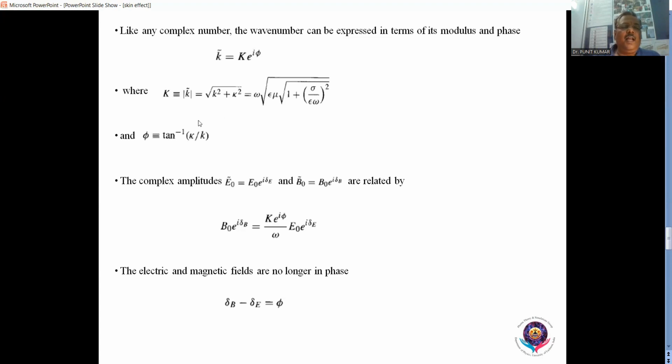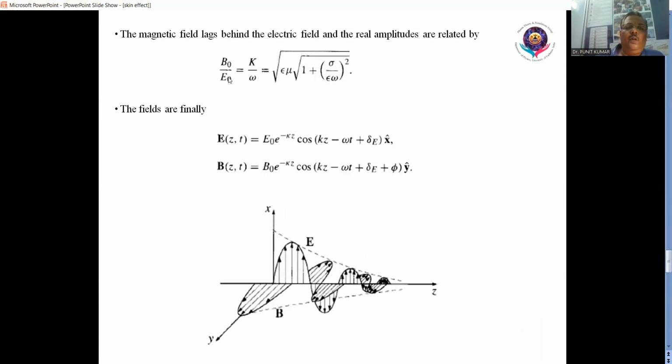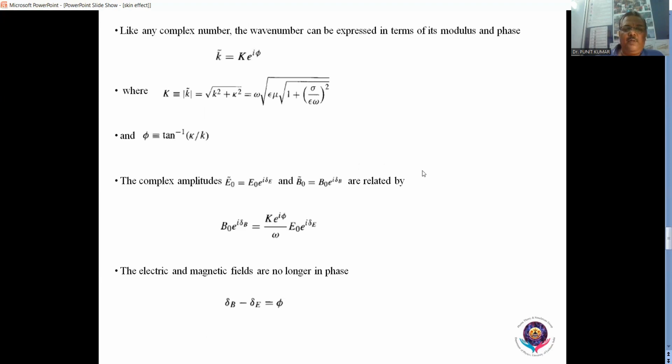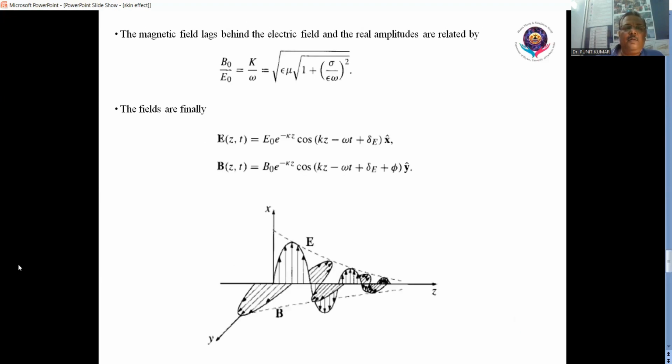And phi is the phase. The complex amplitudes of the electric and magnetic vectors are related through Maxwell's equations. And the ratio of these amplitudes from Maxwell's equations comes out to be this.